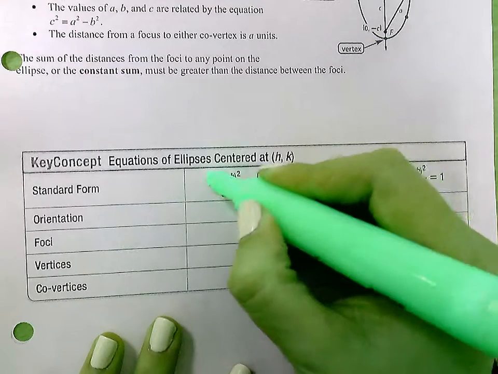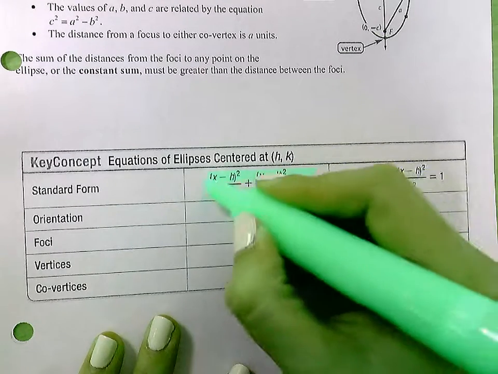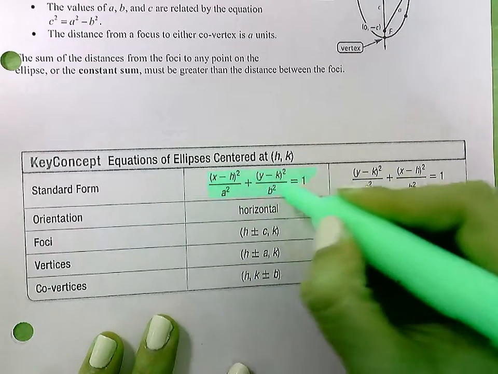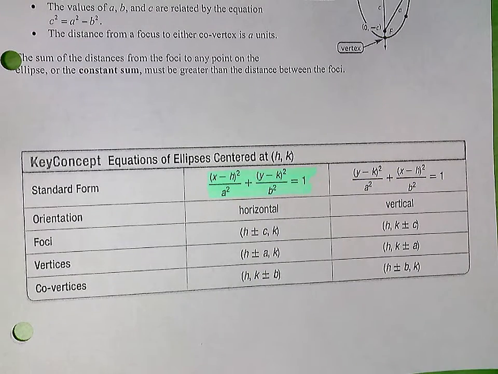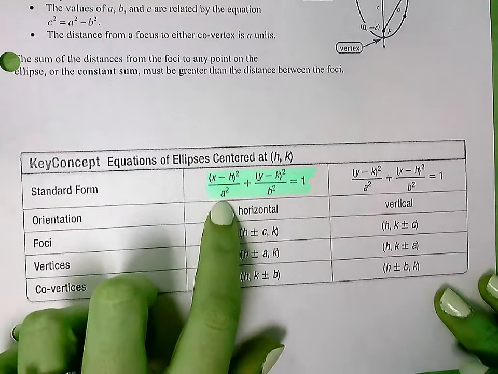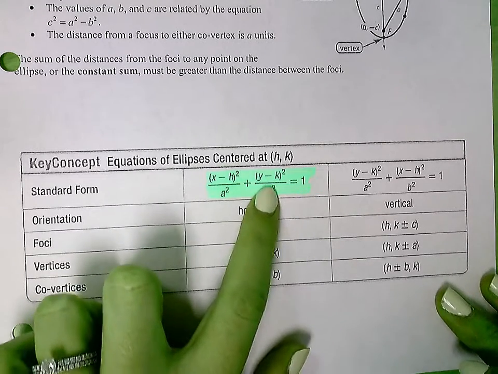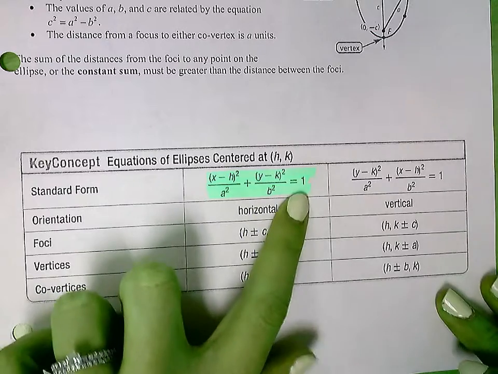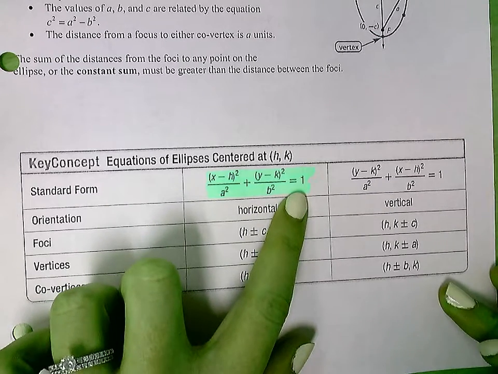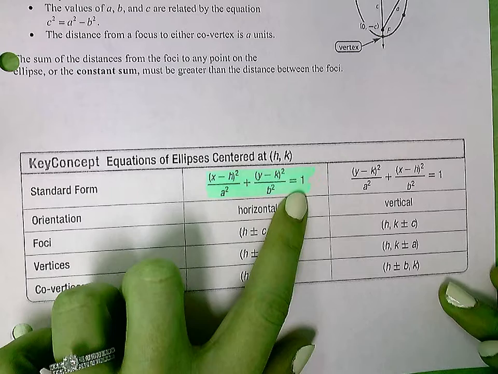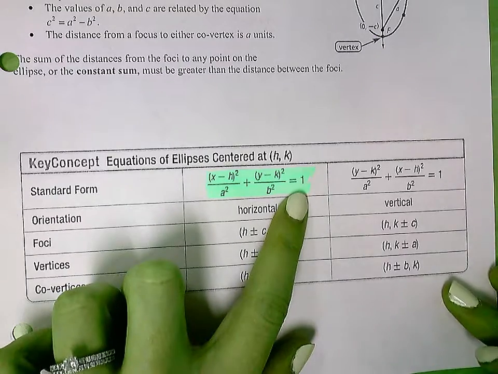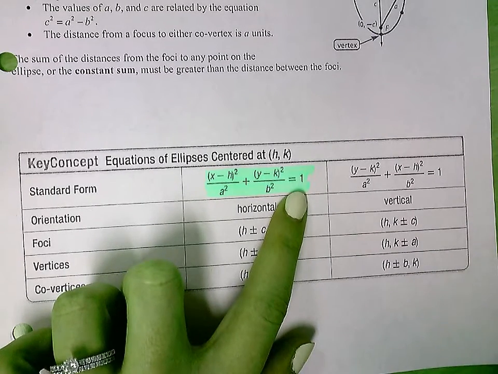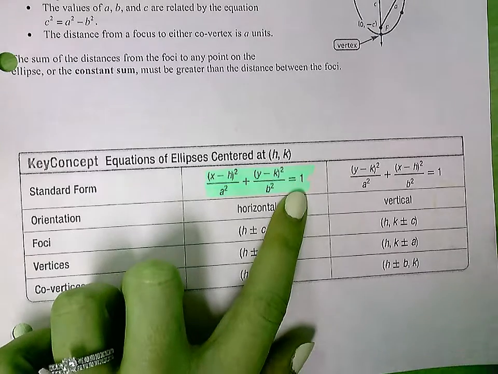So for your horizontal, this is your standard form. It's (x minus h) squared over a squared plus (y minus k) squared over b squared equals 1. Your ellipse will always equal 1. Always equal 1. Okay, unlike circles where you had the radius squared, an ellipse will always equal 1.